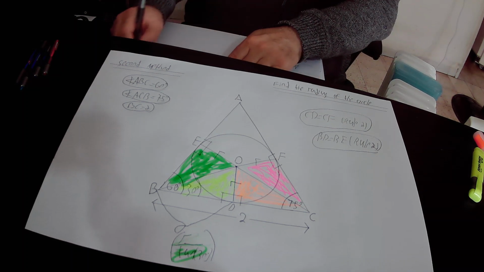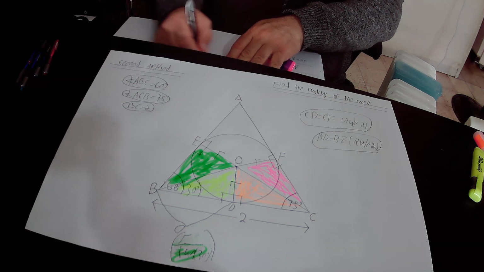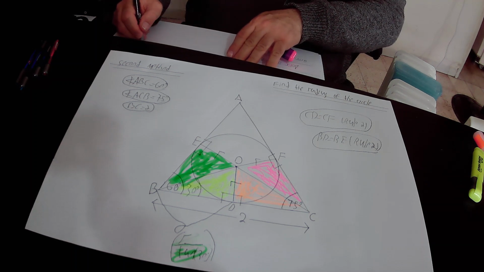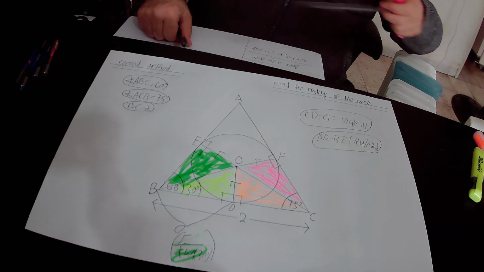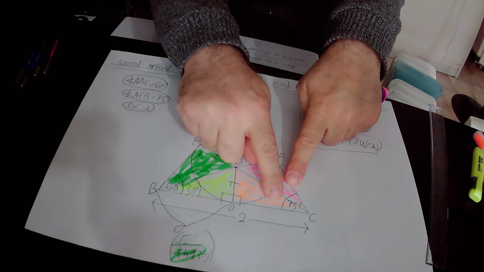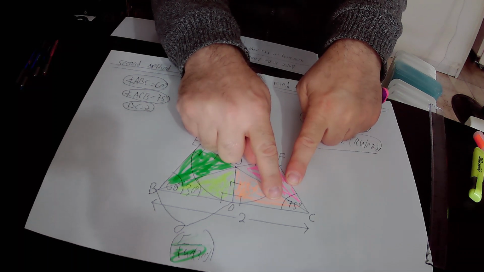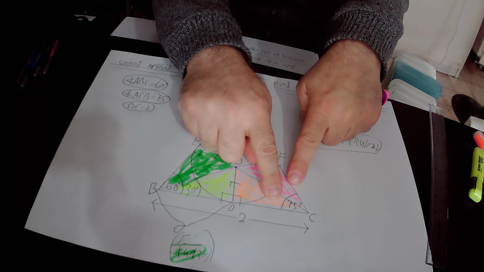And for the fact that the pink triangle is congruent to the orange triangle, we derive that those two angles must also be equal to each other, according to the rule that corresponding angles in congruent triangles are equal.